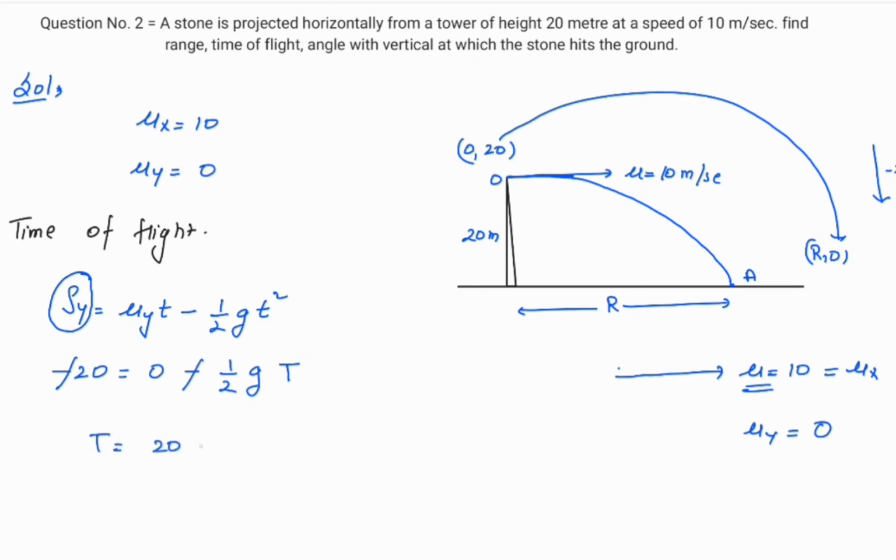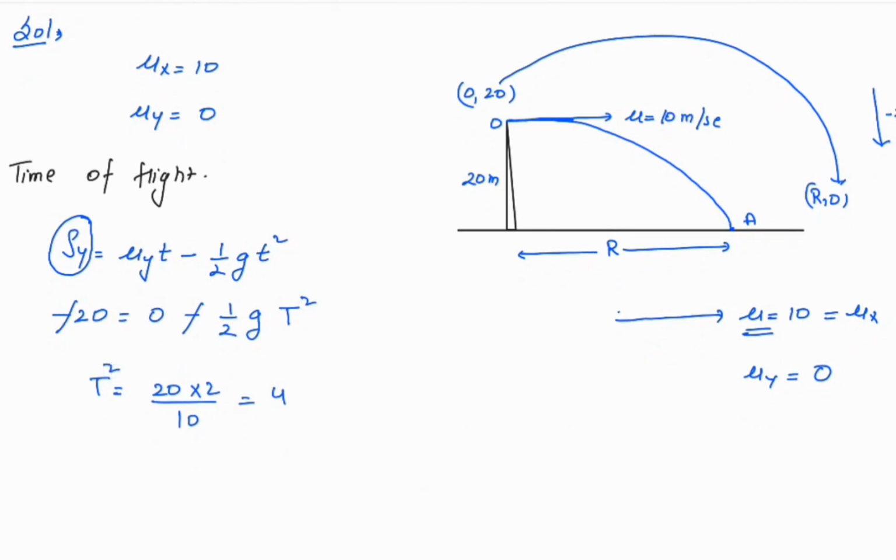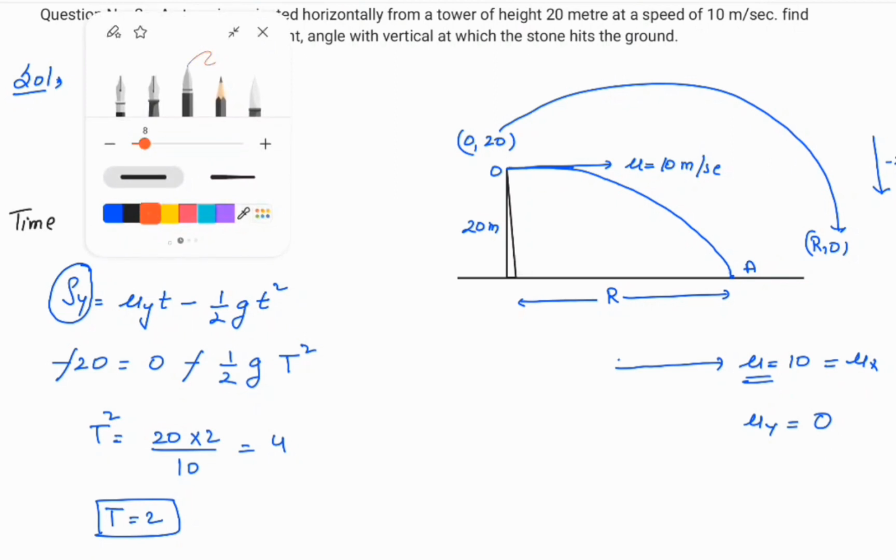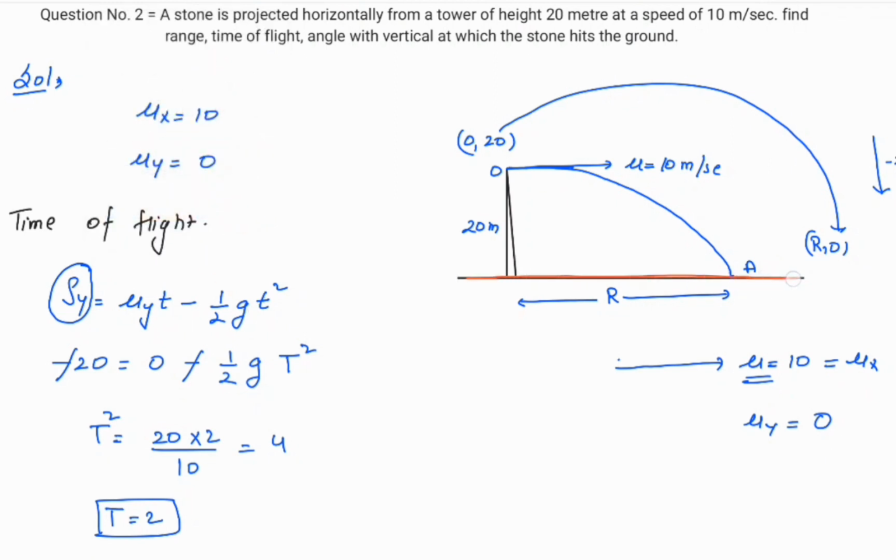T square is equal to 20 multiplied by 2 divided by 10, which is equal to 4. So t is going to be 2. The time taken by the projectile to reach from point O to A is 2. It is the time of flight. As I told, when you are considering axes, always consider this base as the x-axis and this as the y-axis.